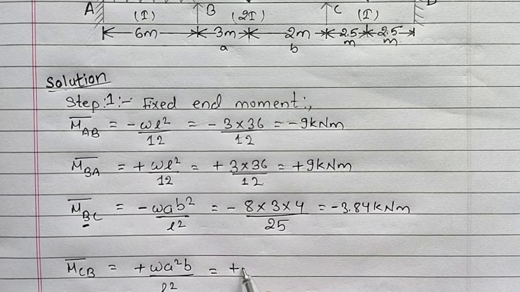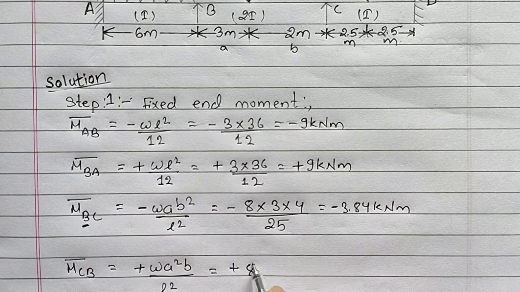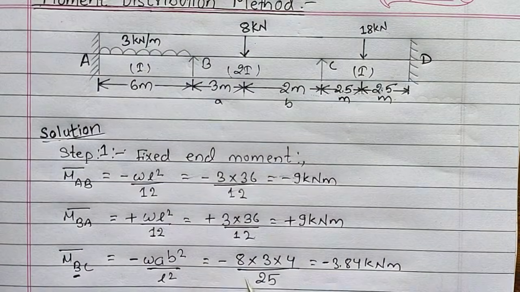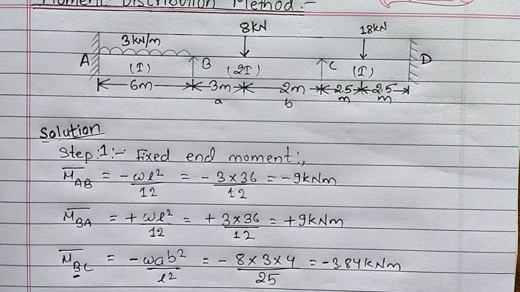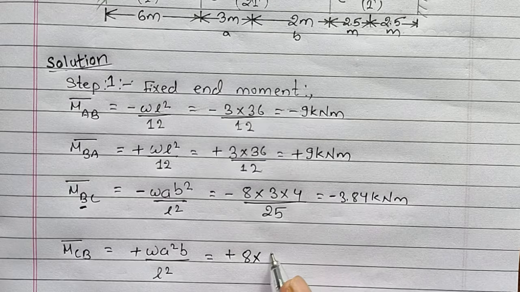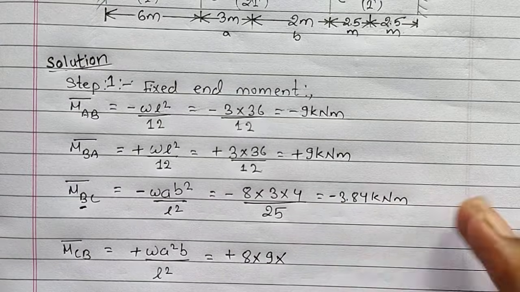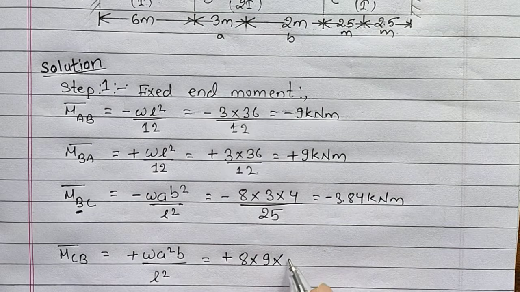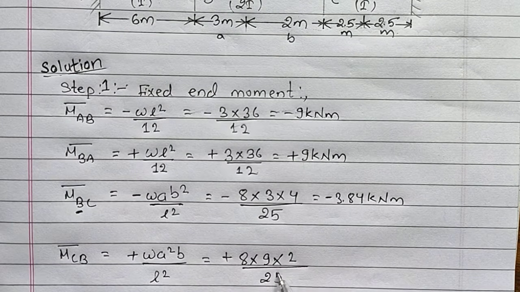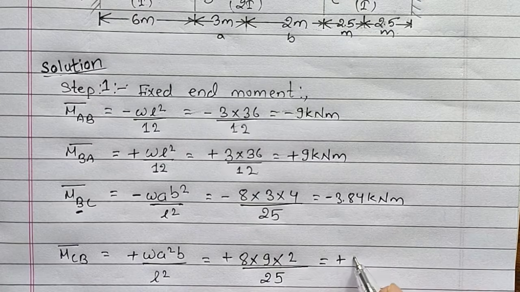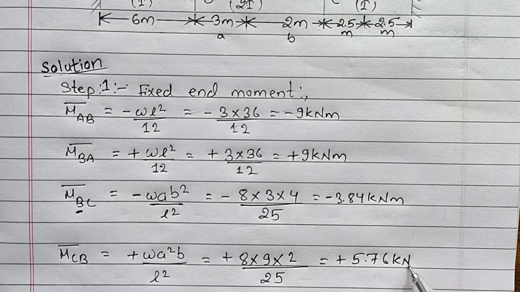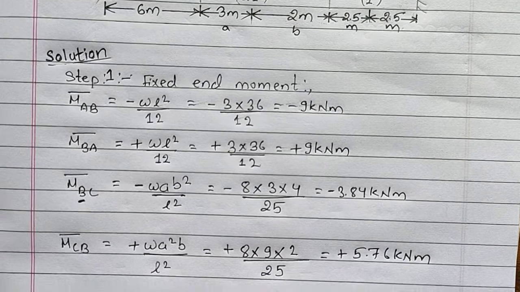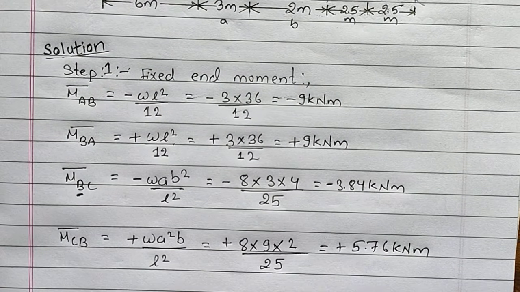So we will write down here plus W is 8 and A is 3, so we will write here 3 square means 9 into B is 2 meter, so we will write here 2 upon L square means 25. So we will have here positive 5.76 kilonewton meter.